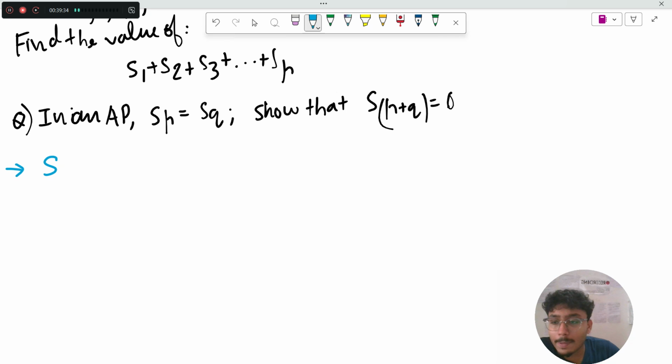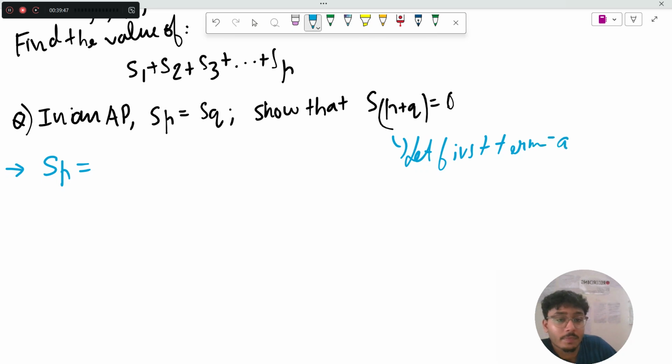So what would be my SP? I am generalizing it. Let the first term equal A and the common difference equal D. What will be the summation of P terms?